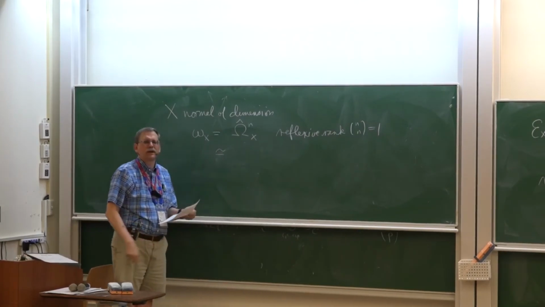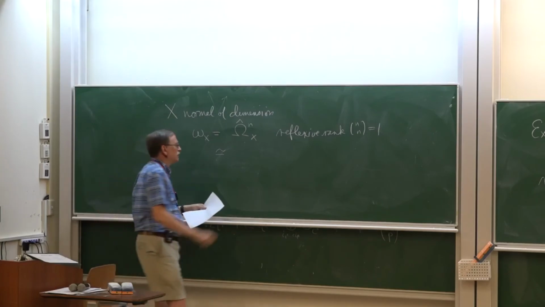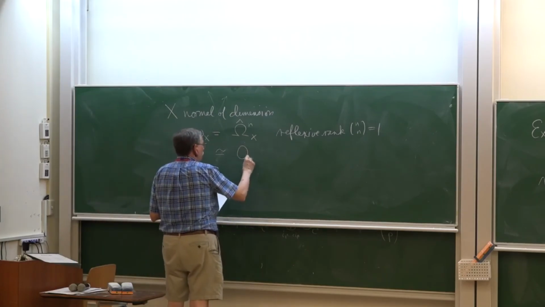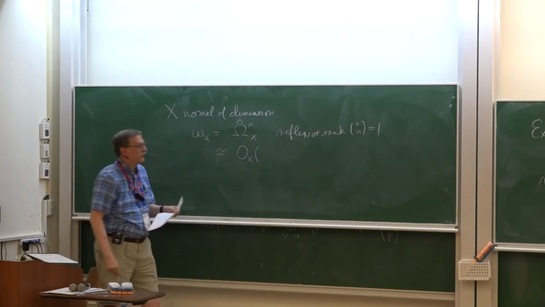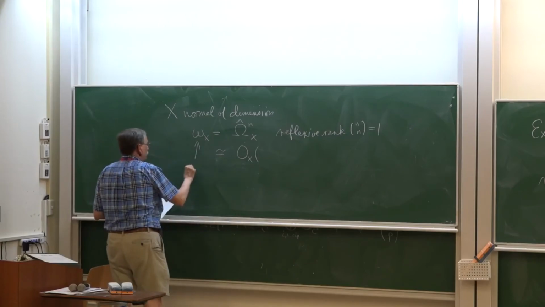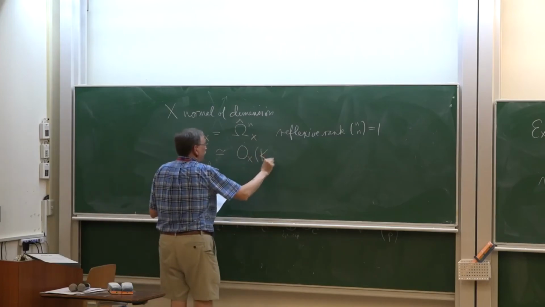And if it's reflexive of rank 1, what does it come from? It comes from a Weil divisor. And what do we call that Weil divisor? So this is the canonical sheaf, and it comes from a Weil divisor.